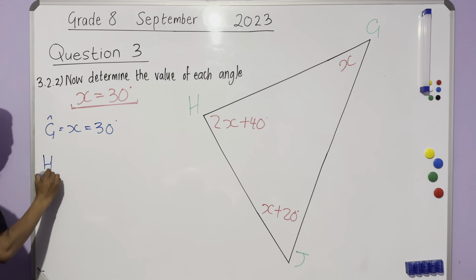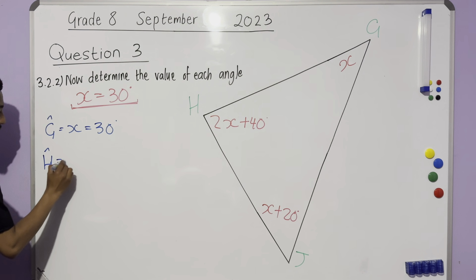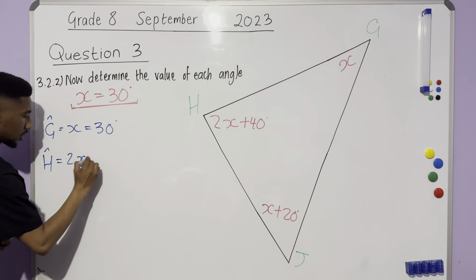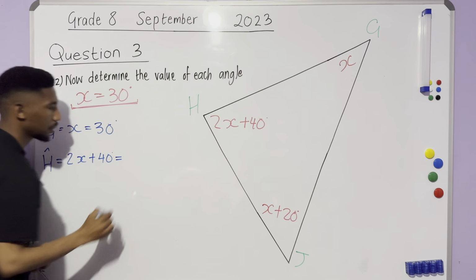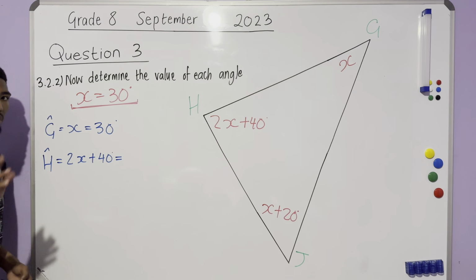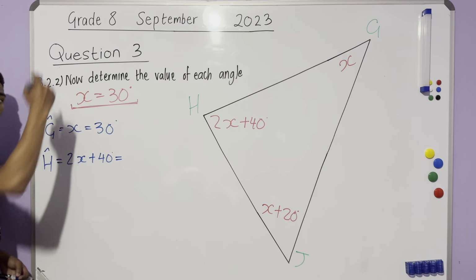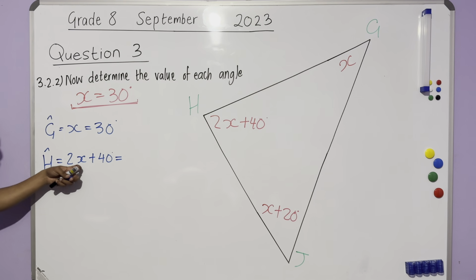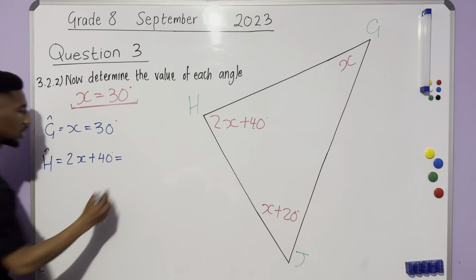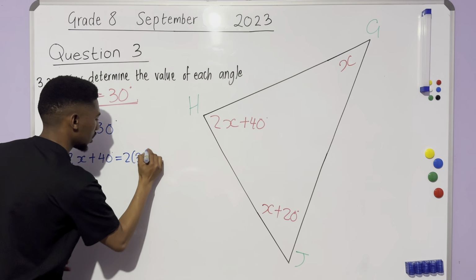Okay, angle H. Angle H is 2x plus 40 degrees. Now we know the value of x, so we're going to substitute that in brackets.